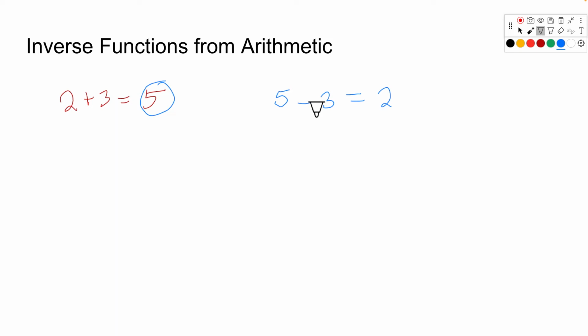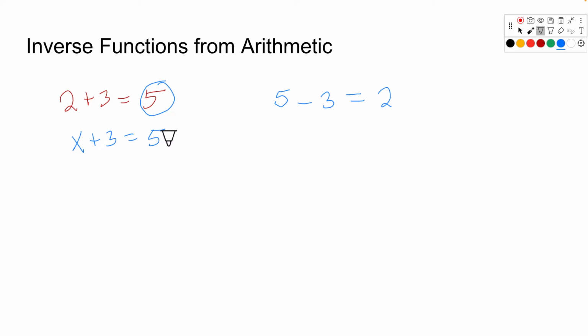Okay. So when we get into algebra, we might do something like x plus 3 equals 5. And again, we were probably taught at one of our early algebra classes, you have an equation, and if you do something to both sides, you can do anything you want. So to get x by itself, you subtract 3 from both sides, and you'll isolate the x.